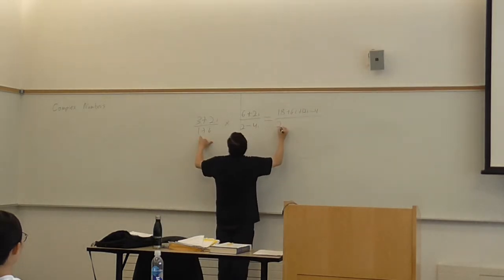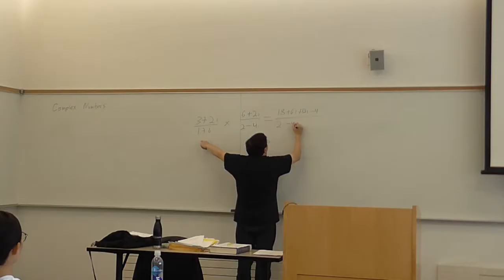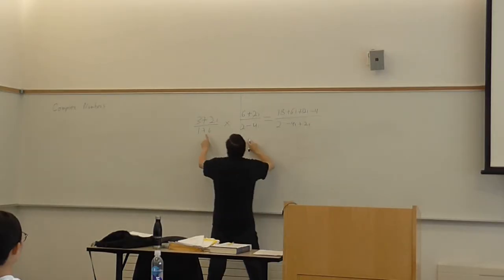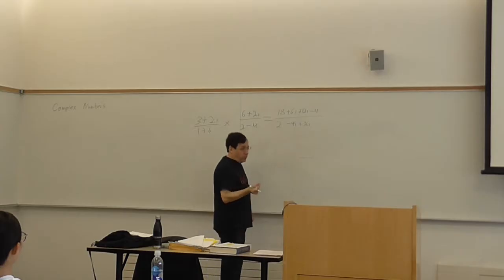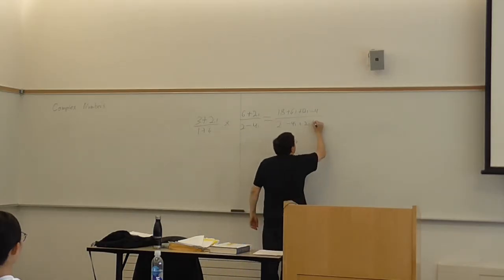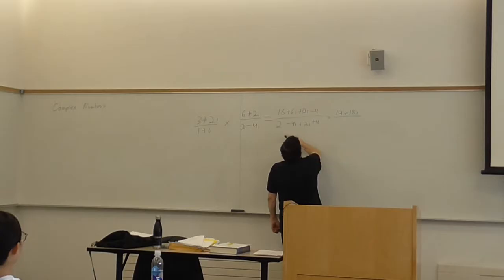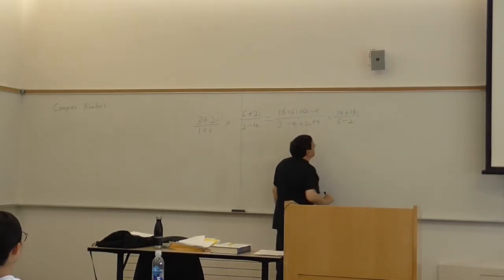FOIL the bottom, 2 outer minus 4i plus 2i. And now, minus 4i times i is minus 4i squared, which is plus 4. Okay, so we have 14 plus 18i on top. And here we have 6 minus 2i.